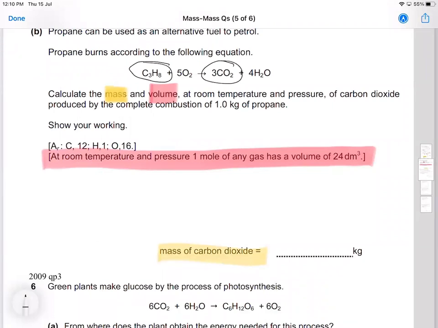Whenever you see a chemical and you want to work out the mass, what's the first conversion you need to make? Wouldn't you balance it? You would balance it, correct? And it is balanced. You can see they've got the 3 and the 5 and the 4. So it's completely balanced. And then what is it about a specific molecule that you can calculate?